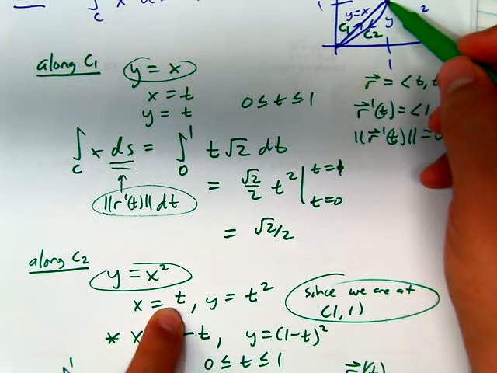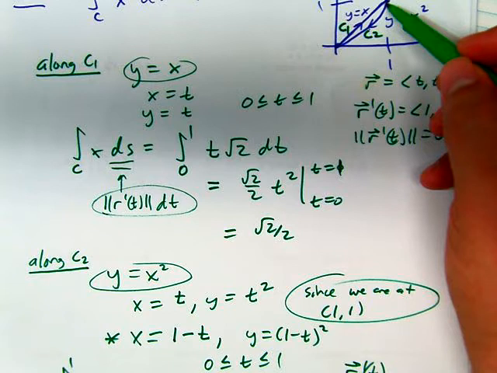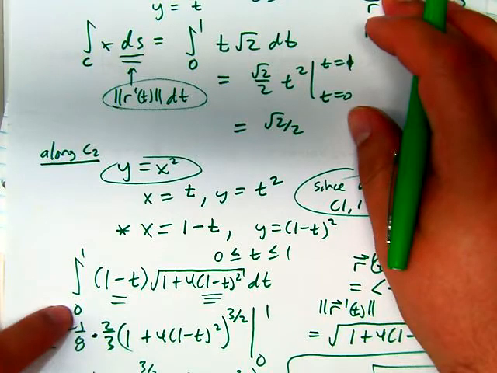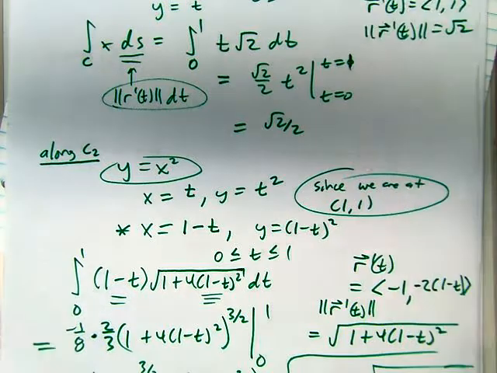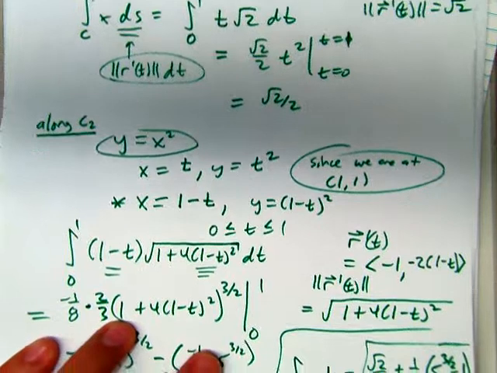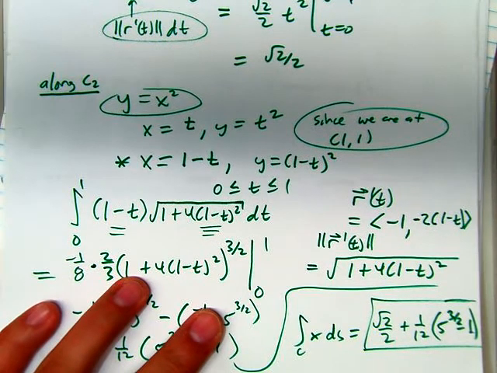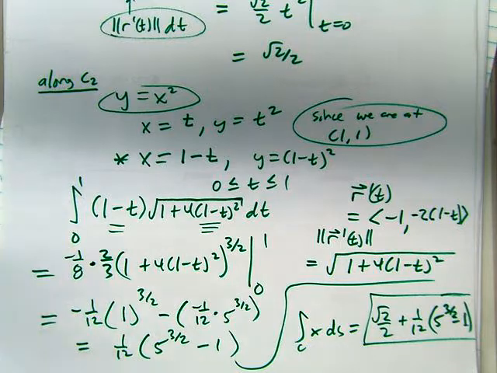Or we kept the integral and we just went from, let's say, not 0 to 1, but from 1 to 0. That would also work, and we get the same answer. And the reason is because we have an arc length parameterization. Okay, so right now, as long as we have arc length parameterizations for these, the order is okay. It's interchangeable, but it will make a difference later on. Okay, so important to keep track of that.